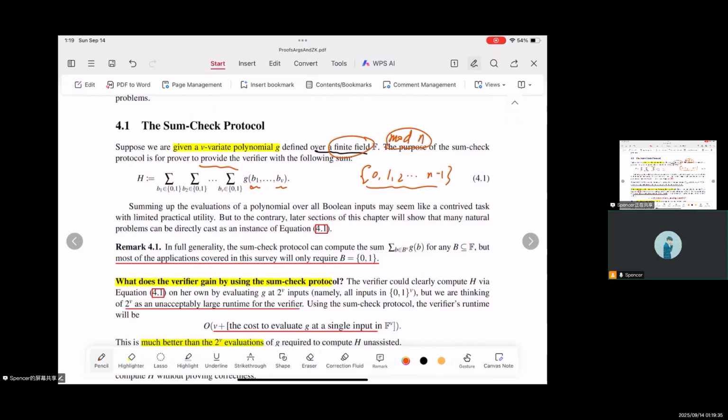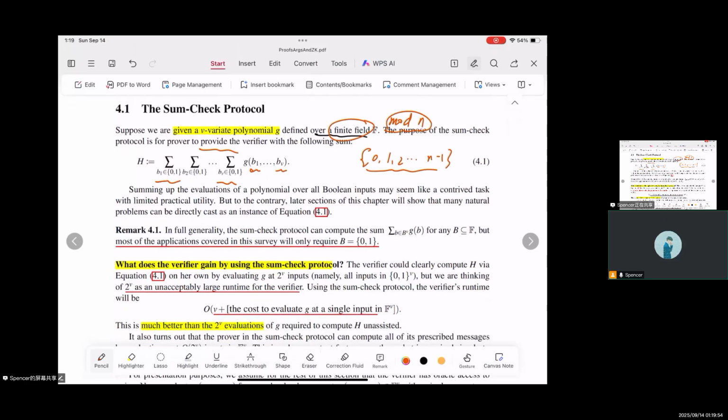For each variable there should be an input, b1, b2, up to bv, and the range of their input is limited to only two values, 0 or 1, binary. So we sum up the evaluations of the polynomial over all Boolean inputs.